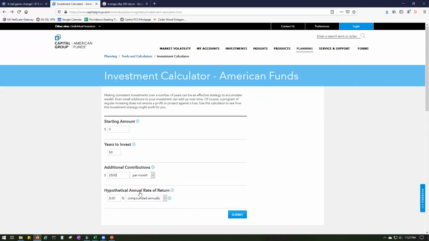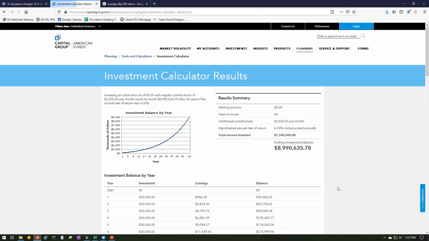$2,500, and I'm going to assume a 6% rate of return, which is very conservative for an index fund. Say she just did this consistently for 50 years. That's $8.9 million.